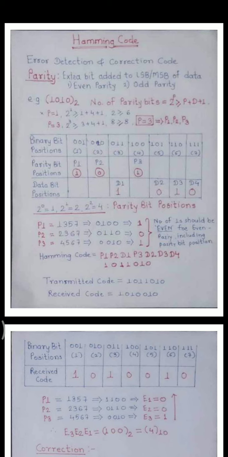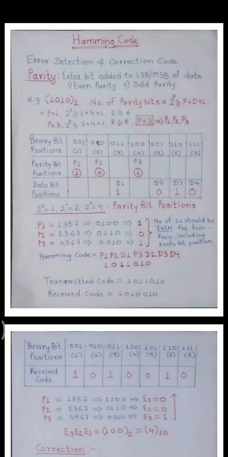LSB, least significant position. So let's find out other positions in the table which have 1 at the LSB. Including the P1 position, that is the first position, again the third position, 011, where 1 is at the LSB.